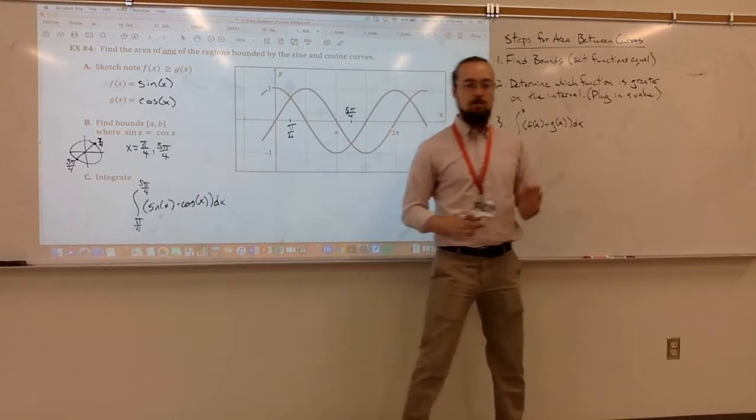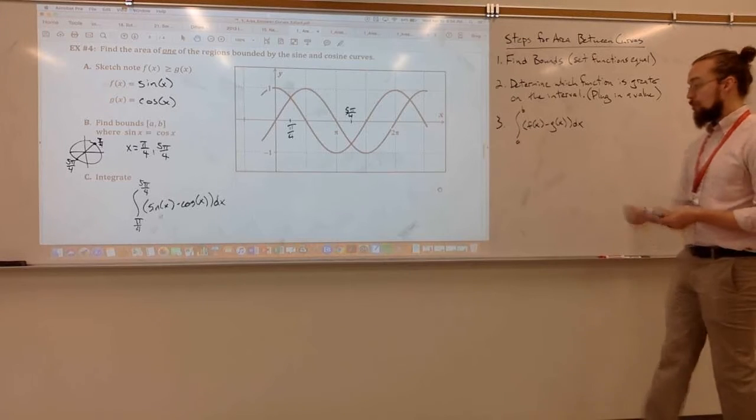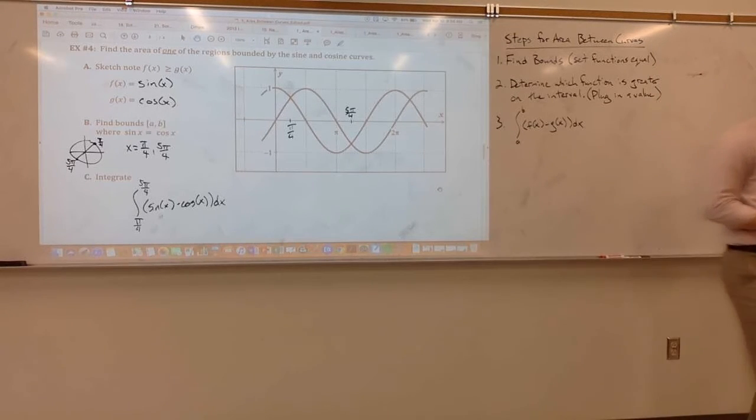Don't forget your dx. Okay, so we could do this by hand, and it shouldn't be that difficult to do by hand, but let's practice using the calculator on this one.